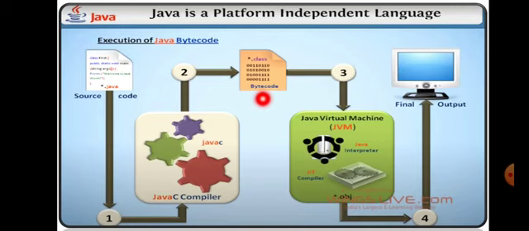Now after this transformation, this .class file contains the source code in the form of bytecode here. Now this source code is compiled as a .class file, which is in the form of machine language, called the bytecode. The next step is bytecode is a machine language of the Java virtual machine. Now this is the Java virtual machine.